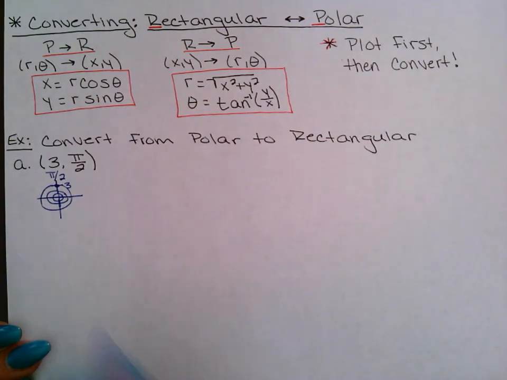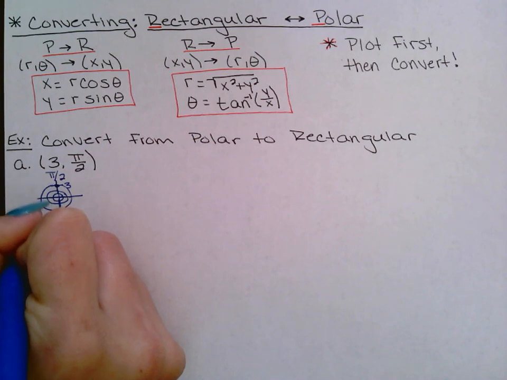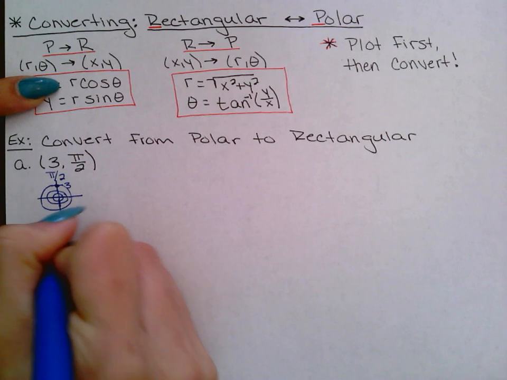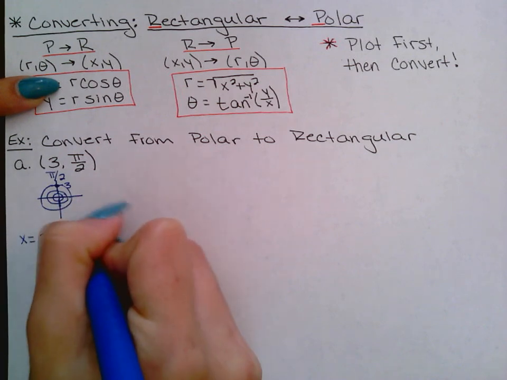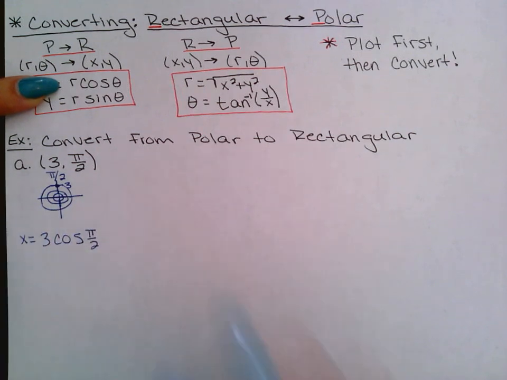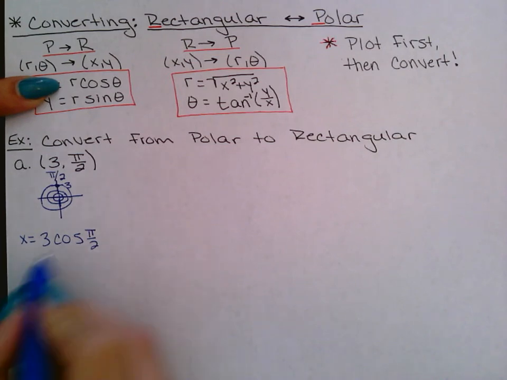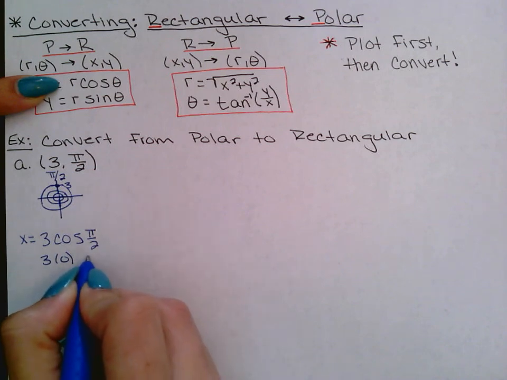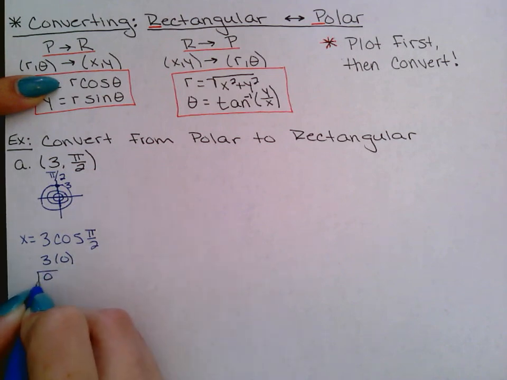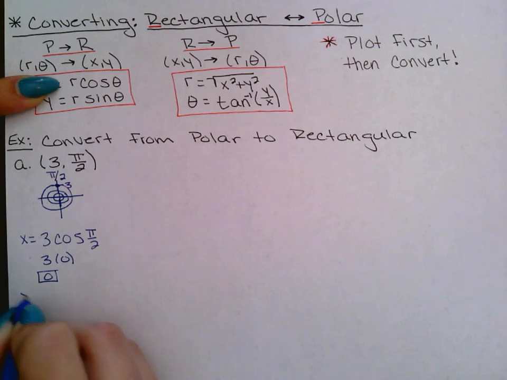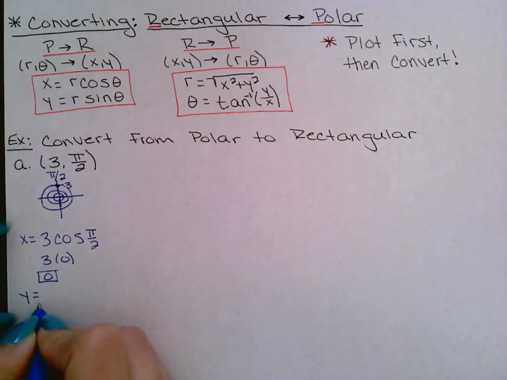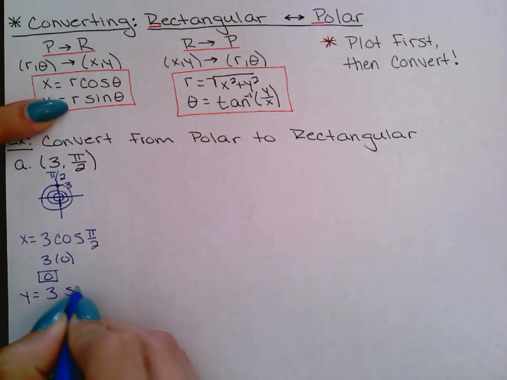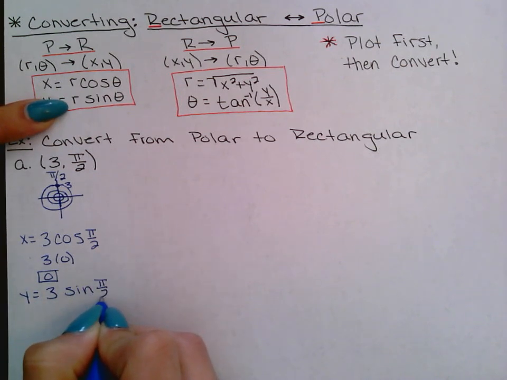Okay? So now, let's find what my x and my y are and see if this makes sense. So x is r, which is 3, times cosine of pi over 2. Now, cosine of pi over 2 is 0, so I have 3 times 0, which just gives me 0. Now, y is going to be 3, the r, times sine of pi over 2.